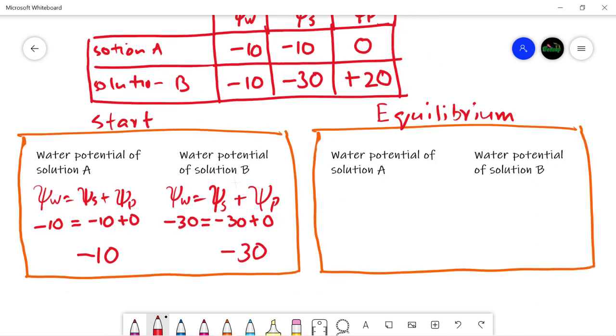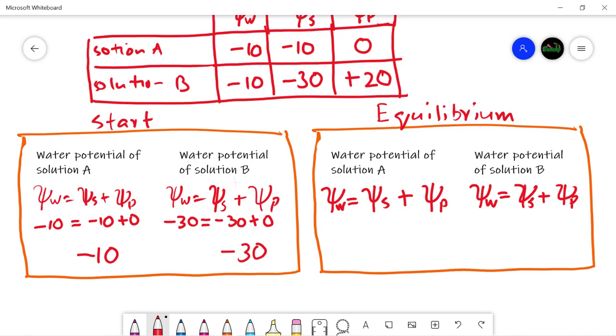And now the final state. Again we have water potential is equal to solute potential plus pressure potential. So this is for solution A, and water potential is equal to solute potential plus pressure potential.